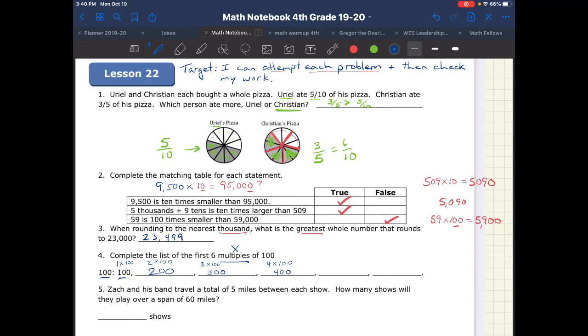So the 5th multiple of 100 is 500, and the 6th multiple of 100 is 600.